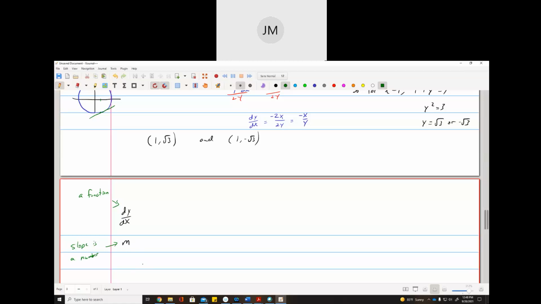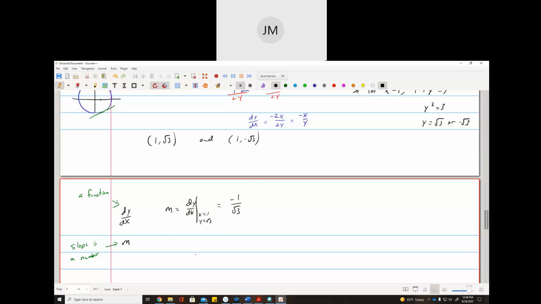So one way that we have of writing that is I could say the slope is the derivative, and then I can put a vertical bar, which means like when, right? So when I plug in, x is 1 and y is root 3. Okay, so then I get negative x over y, so negative 1 over root 3.